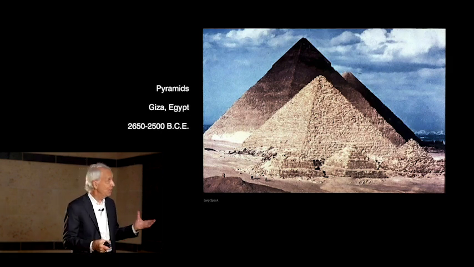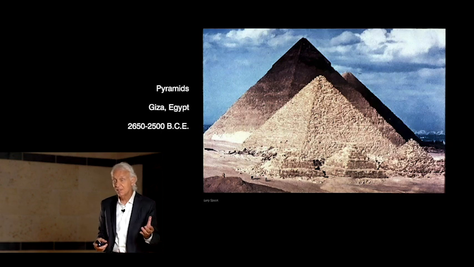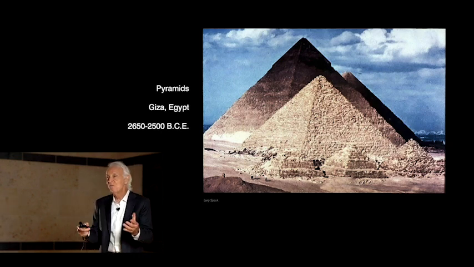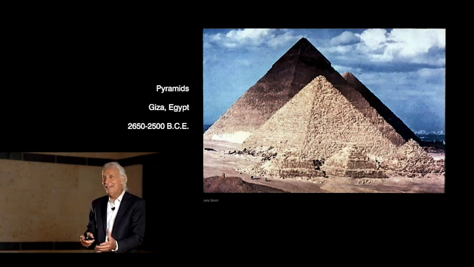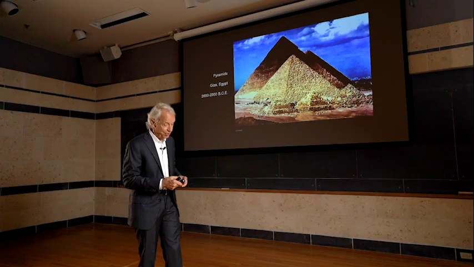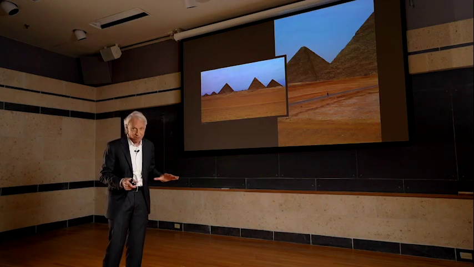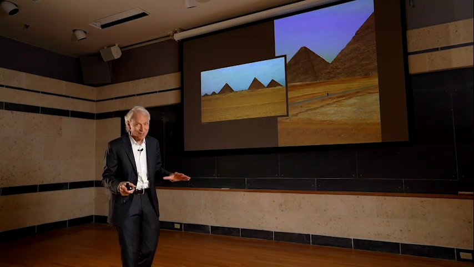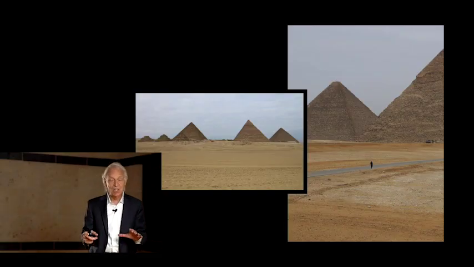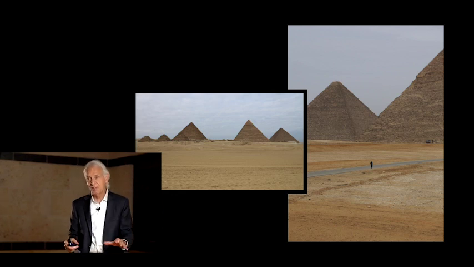And the point of looking at the pyramids for the next few minutes is to understand how fundamentally these kinds of things have affected the making of form in architecture. So the pyramids are themselves unbelievable. They're massive. Their construction is incredibly impressive.